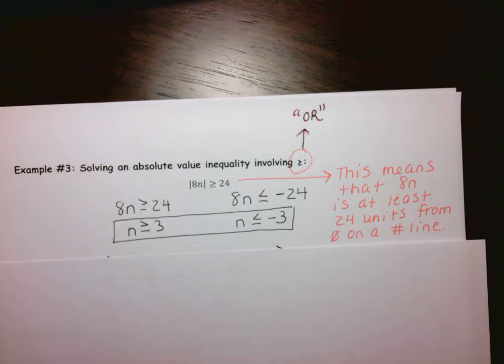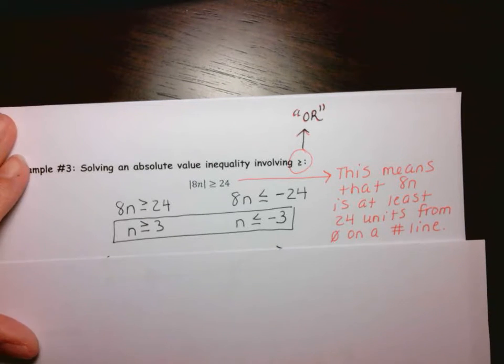And so I want you to think about what the absolute value of 8n is greater than or equal to 24 means. This means that 8n is at least 24 units from 0 on a number line.